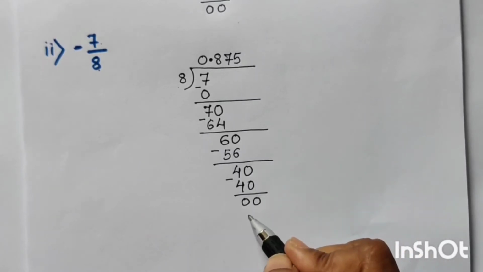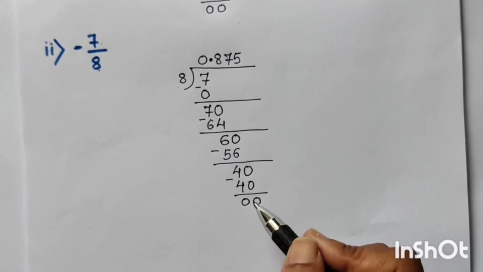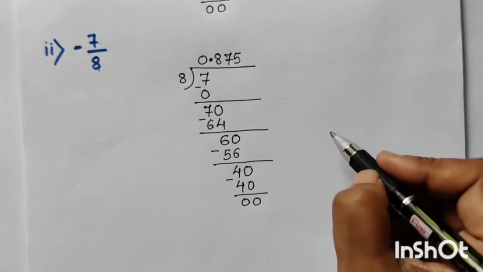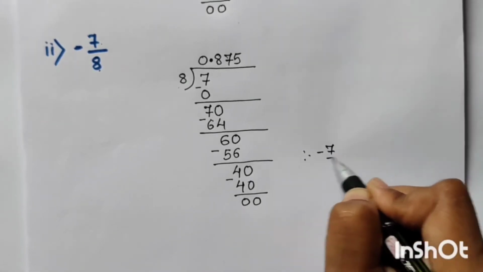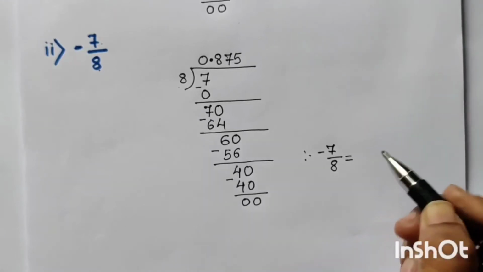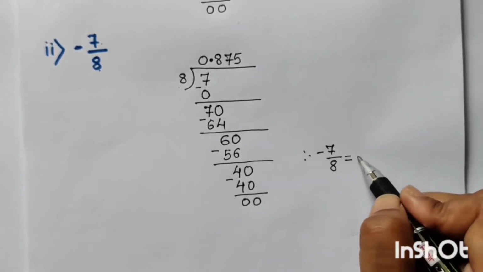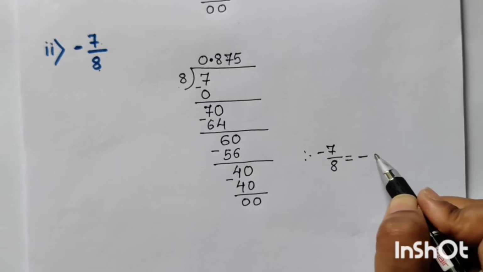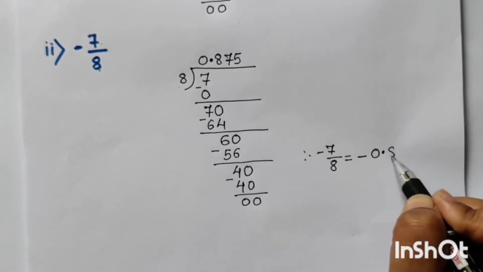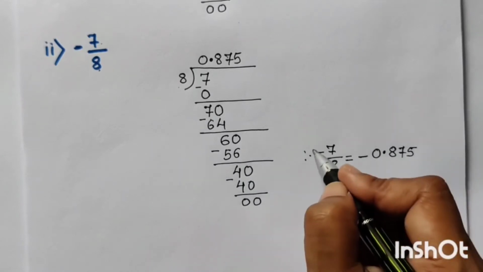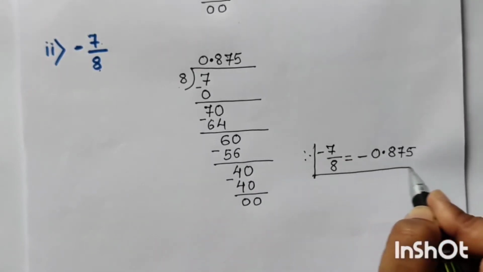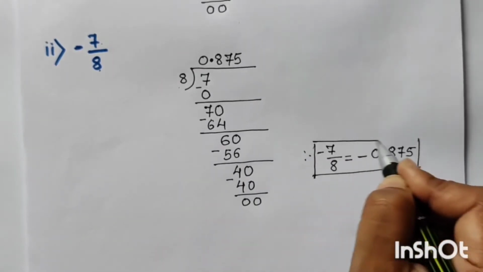And again this is a terminating decimal form. So write the answer. Therefore, minus 7 upon 8 is equal to, now the minus sign is there, so in the answer also we write the minus sign, minus 0.875. In this way, we have to write the answers of these sums.